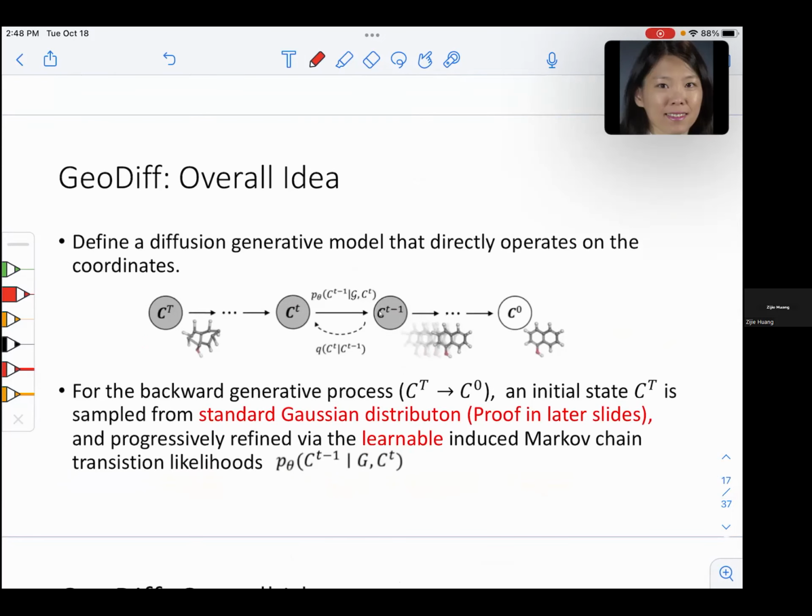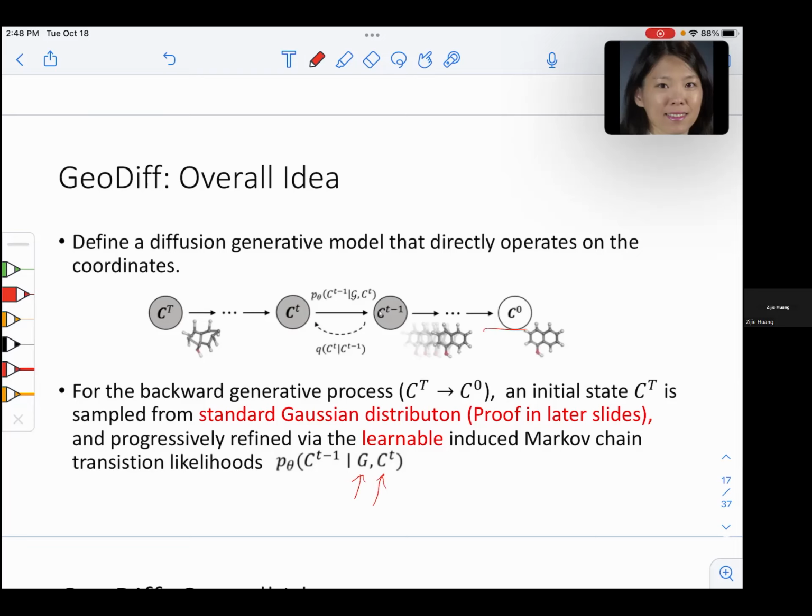So this is basically the forward diffusion process. And for the backward generative process, where we are trying to convert a chaotic conformation to its real conformation, we first draw the chaotic conformation from a standard Gaussian distribution and progressively refine it with the learnable Markov chain transition likelihood, which defines the probability of the conformation at timestep t minus 1, given the input 2D molecular graph and the chaotic conformation at timestep t.